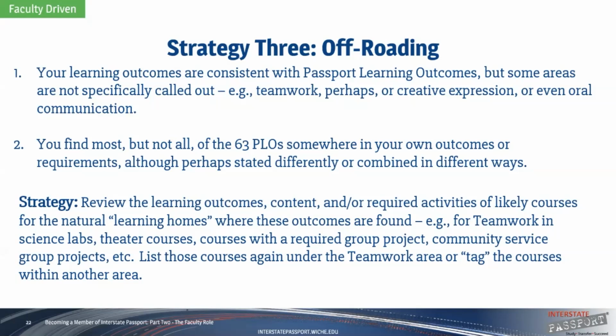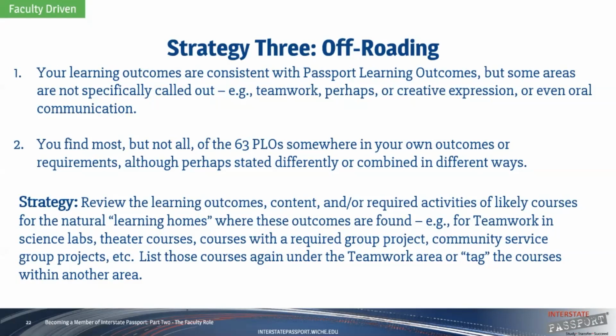The strategy in this case is to review the learning outcomes of your own courses, including the content and/or the required activities that you find in likely courses, what we're calling the natural learning homes, where you think these outcomes could logically be found.